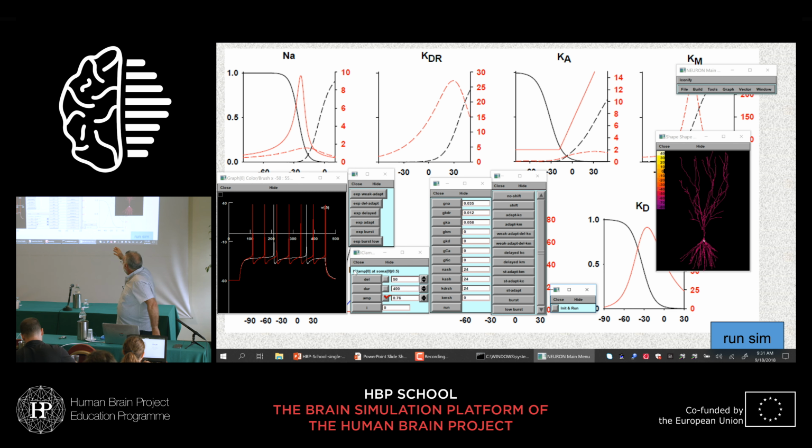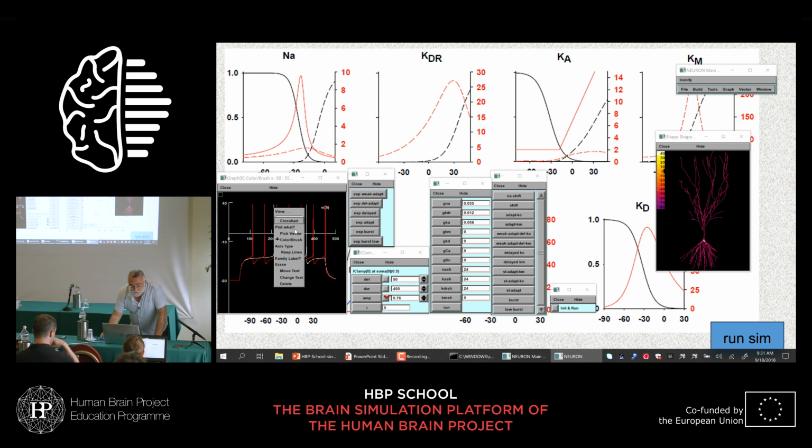Just to say one thing, the fact that the Ka is fast and transient allows you to modulate the amplitude and the duration of the action potential, okay? And the duration of the action potential means a different calcium entry when you study plasticity and things like that. But we are not going to do that here now.